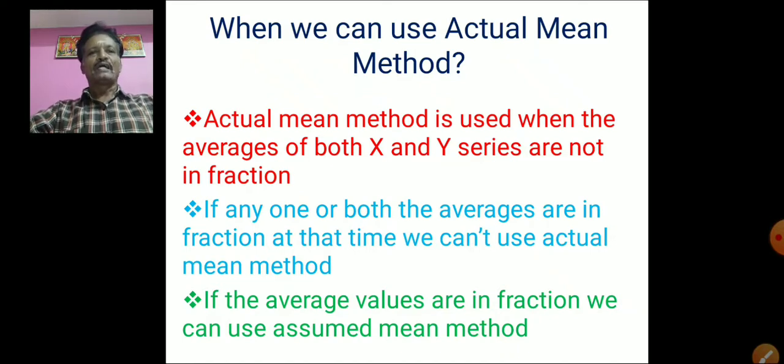Here, to use the actual mean method, we have to calculate the average value for the x and y series. If both the averages are not in fraction, or simply you can remember, if either the x bar value or the y bar value is a whole number and not a fraction, then you can apply the actual mean method.